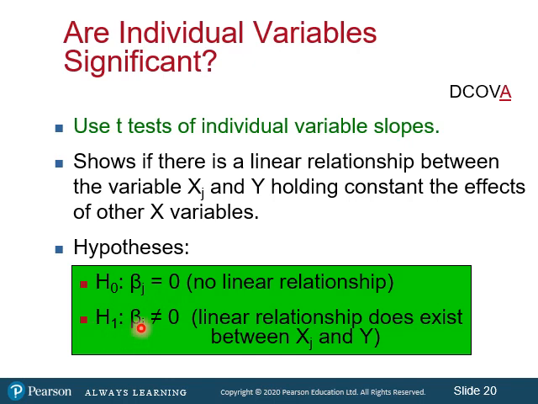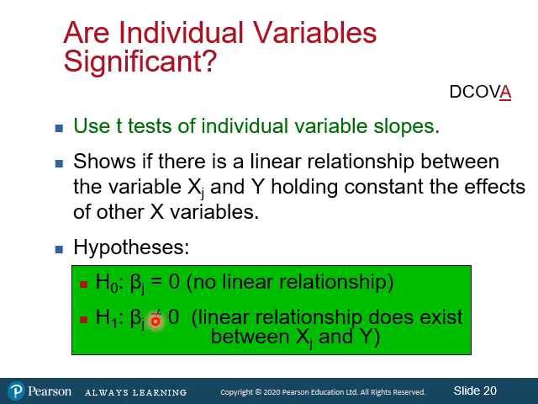H alternative is beta 1 not equals to 0 if you don't have a direction. If your relationship is supposed to be positive, your alternative is beta 1 greater than 0. If it's negative, you will write beta 1 less than 0.